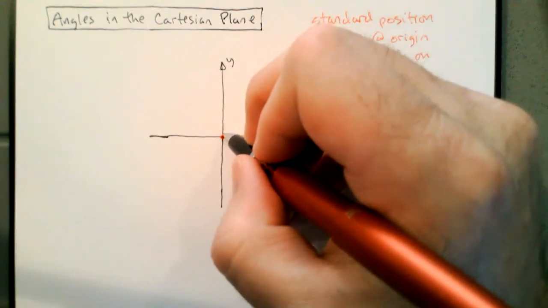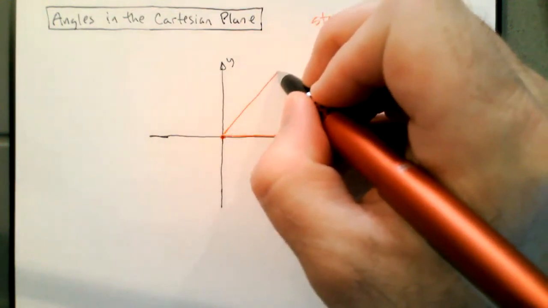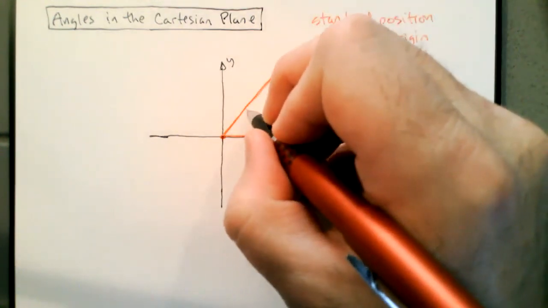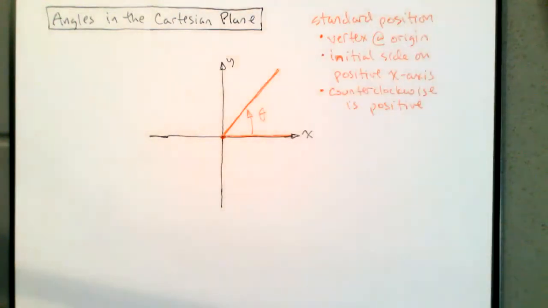If I put a terminal side here, that's theta with a positive measure. So that's the standard position of an angle. The vertex is at the origin, the initial side is on the positive x-axis, and counterclockwise is the positive direction for angles.